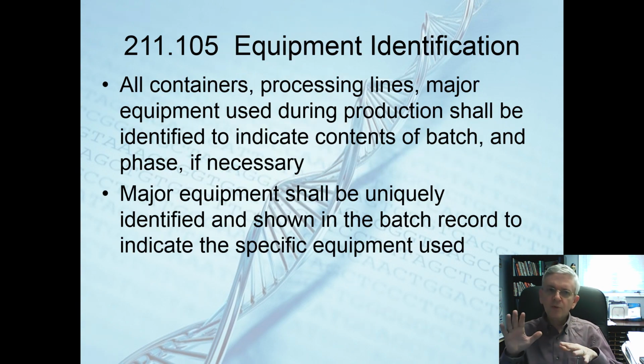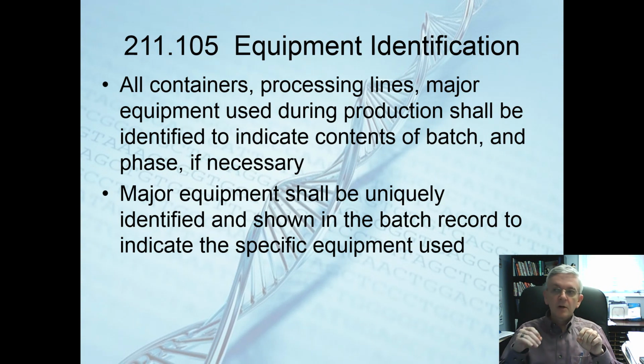211.105, equipment ID. All containers, lines, whatever it is, major equipment used during production shall be identified to indicate the contents of the batch and the phase if necessary. Major equipment shall be uniquely identified and shown in the batch record to indicate the specific equipment used.